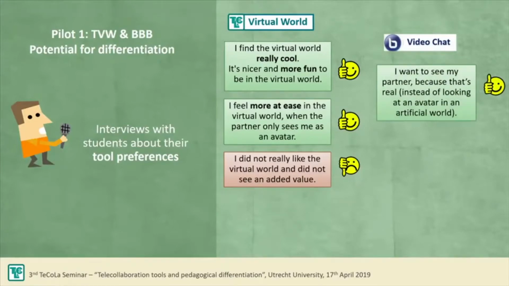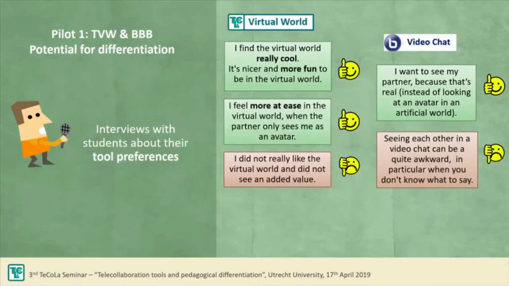Regarding the video chat, students said, I want to see my partner. So they have a clear preference here, because that is real, instead of looking at an avatar in an artificial world. A negative statement here was again concerned with seeing each other.